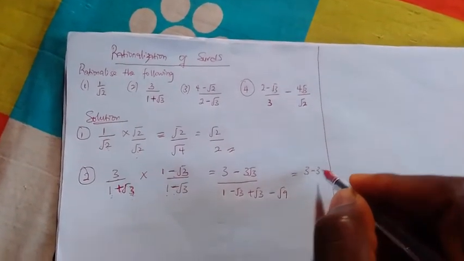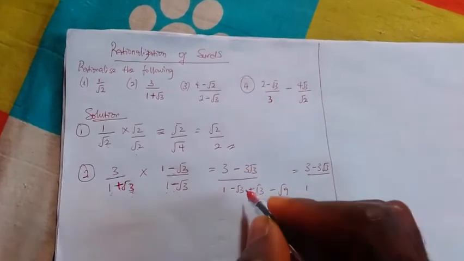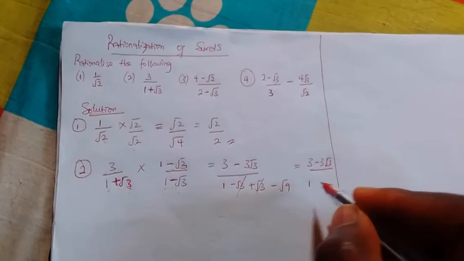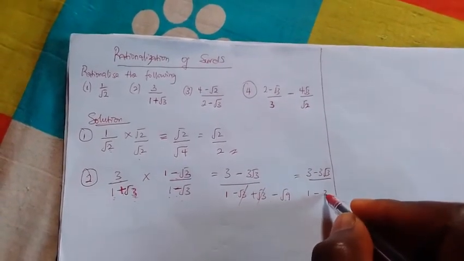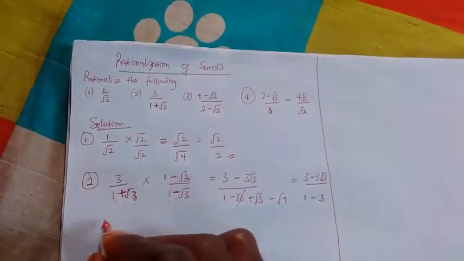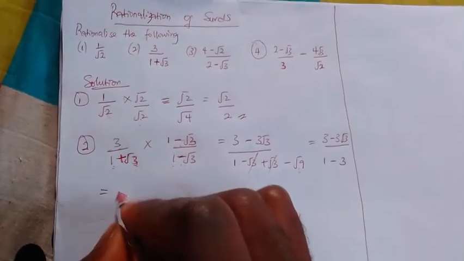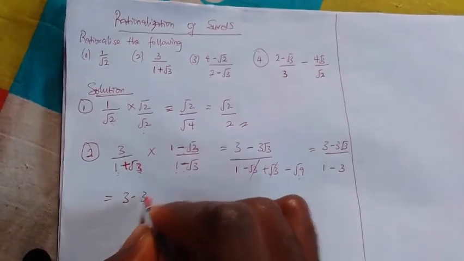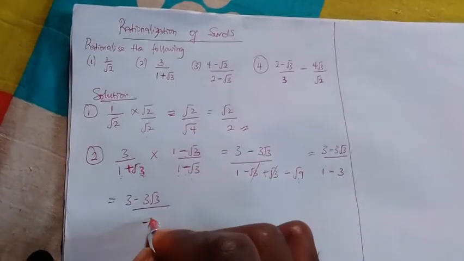Which now gives us 3 minus 3 root 3 over 1. The minus root 3 and root 3 cancel themselves. 1 minus root 9, and the square root of 9 is 3. Finally, we have 3 minus 3 root 3 over 1 minus 3, which gives us minus 2.